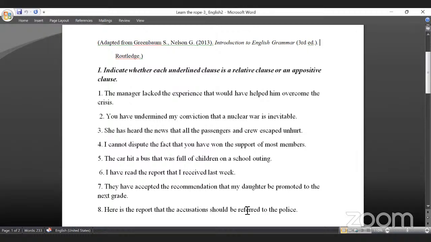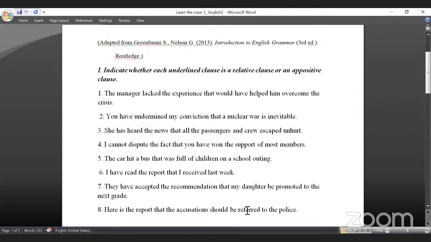Sometimes these appositive clauses and relative clauses are also referred to as the that clauses in English. So there are different kinds of that clauses. One is a relative clause and the other is an appositive clause. The basic difference is, in a relative clause, that has a function within the clause, whereas in appositive clause, it's optional. You can remove it if you want.